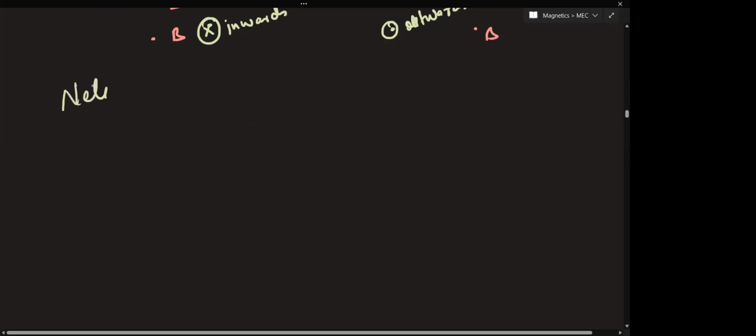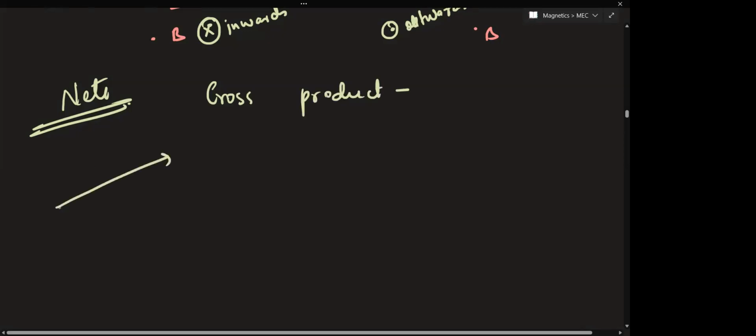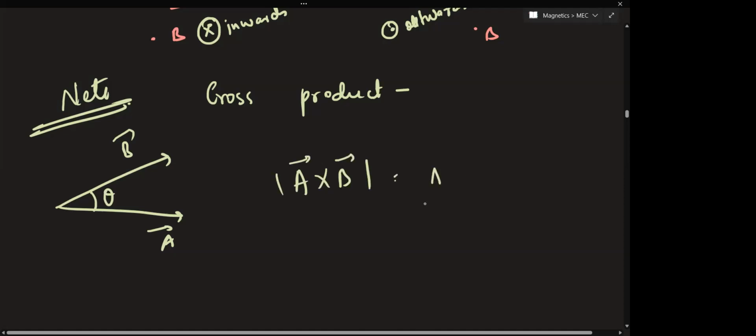So just make a note and write about cross product in your registers. First, let us discuss, then you can write. If two vectors, vector A and vector B, are making an angle of theta, then the cross product of A and B is given by magnitude of A, magnitude of B, and sine theta.